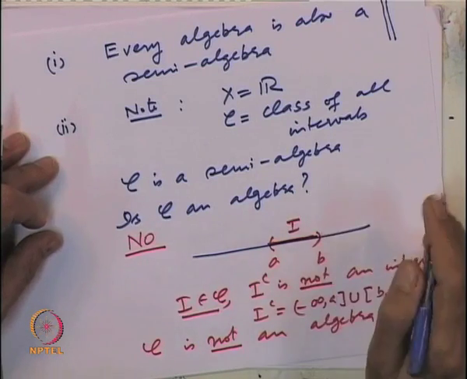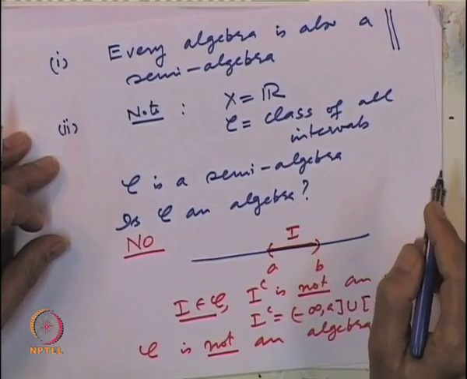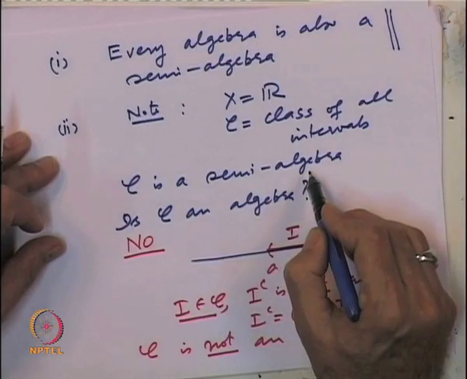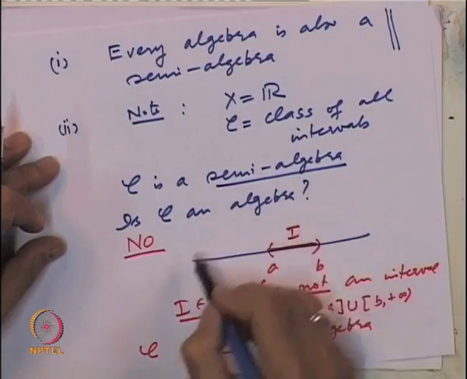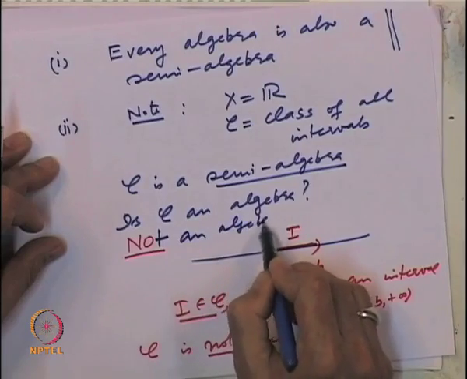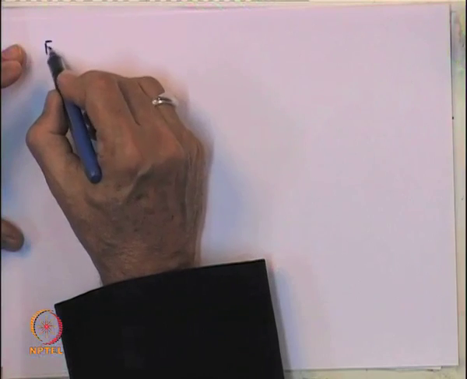There are examples of collections of subsets of sets, for example, in the real line, the collection C of all intervals is a semi-algebra, but it is not an algebra. So, being an algebra is a much stronger concept than being a semi-algebra. Let us look at some more examples.